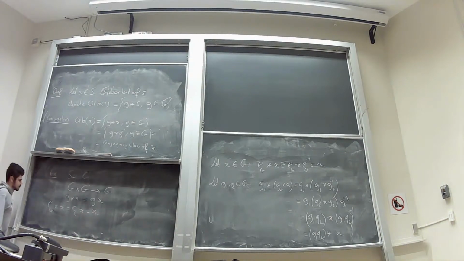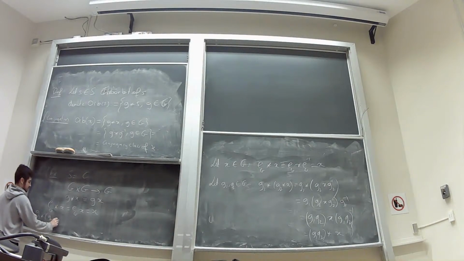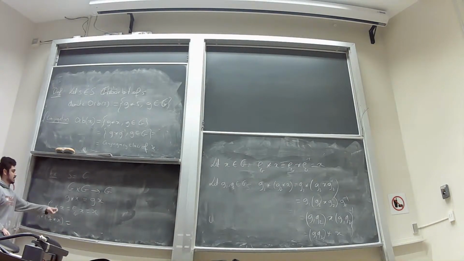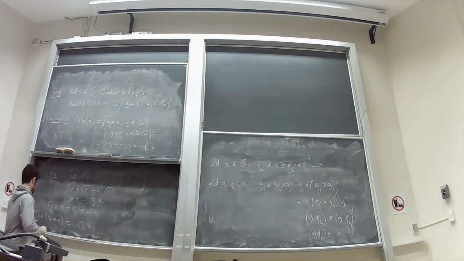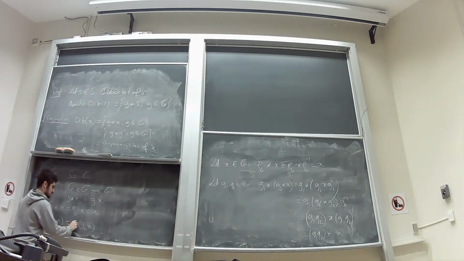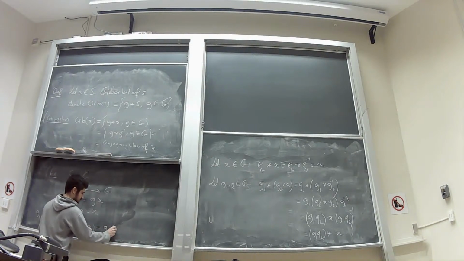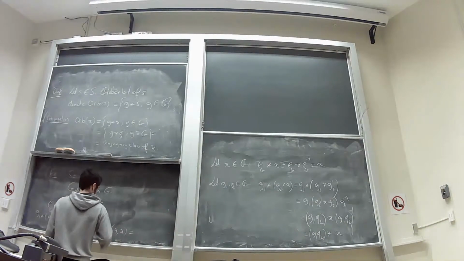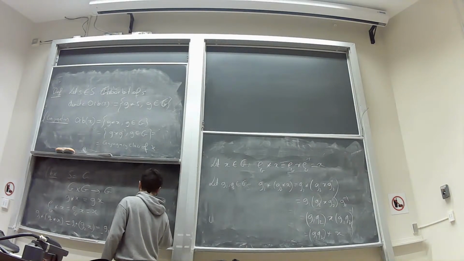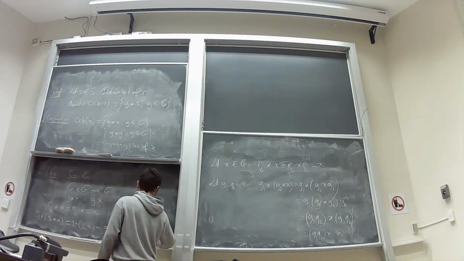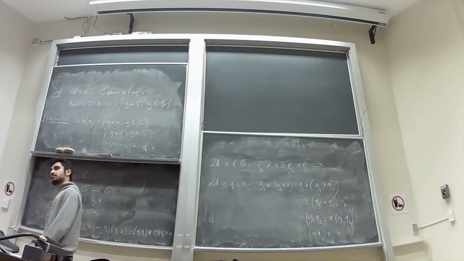It is just X. What is G1 star G2 star X? G2 star X is just defined as G2X, and so this is G1 star this. What is that? This is just G1, G2 times X. It's just G1, G2 star X. Star is just a function from G cross S to S. And that's it.